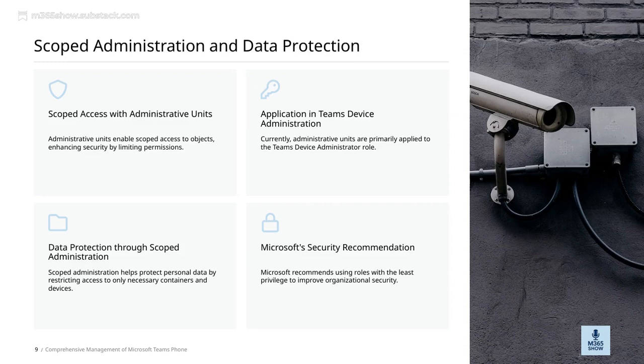This enhances security because it limits what users or administrators can see and do, reducing the chance of accidental or malicious changes. Overall, using scoped administration with administrative units is a powerful way to tighten security and protect sensitive data, all while maintaining the flexibility needed to manage teams effectively.